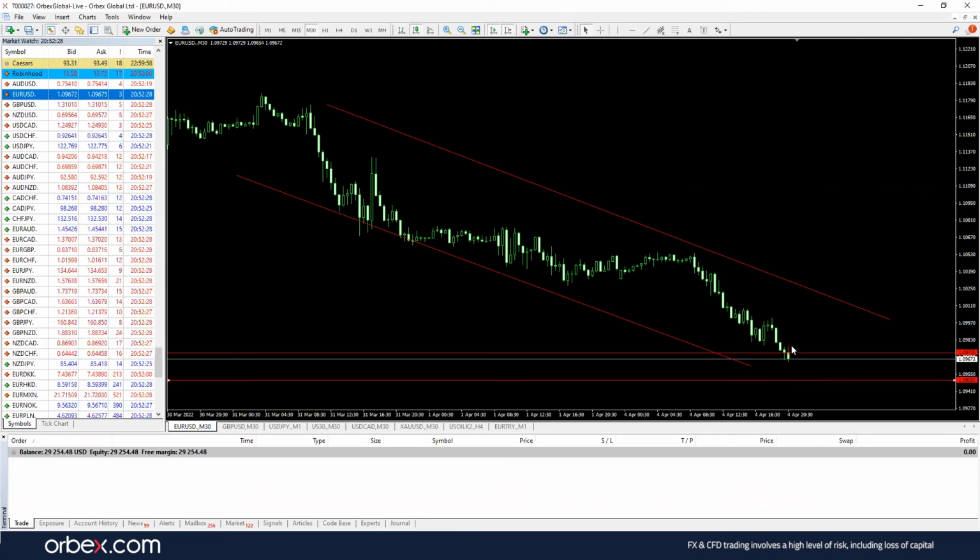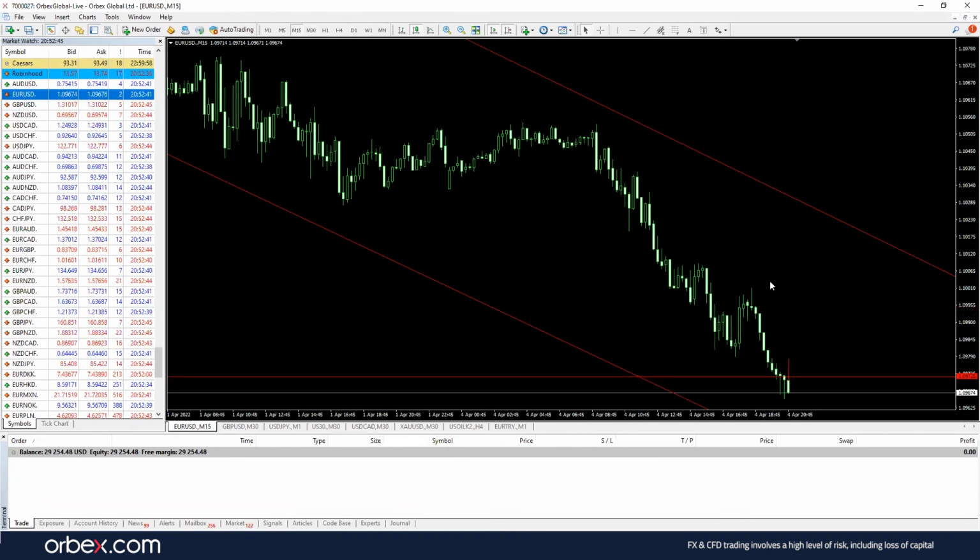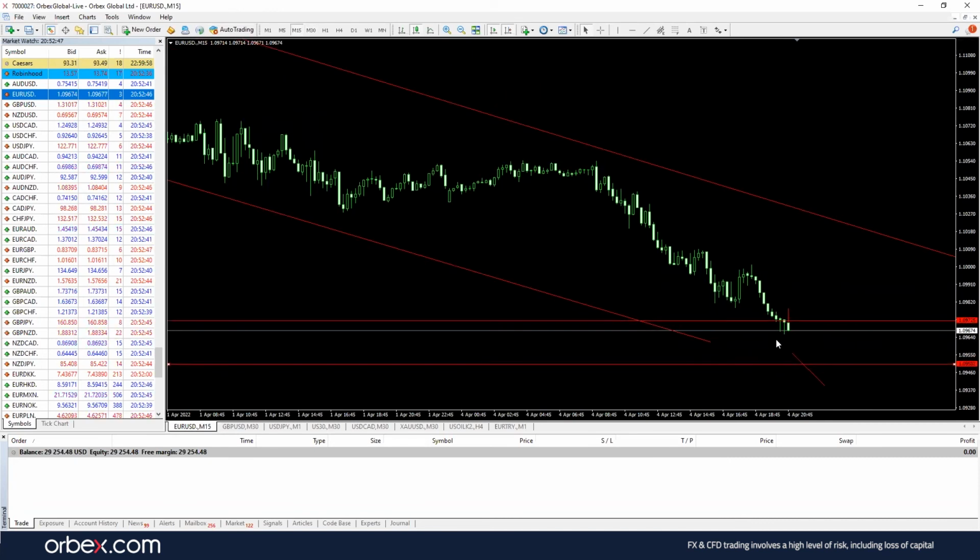And I believe that the market will hit 1.0950 and start moving lower. So that's when I'll put in a sell position, a sell stop. The order will be activated here and then start moving lower. So that's the whole point of stops. We're hoping that the market will hit a certain peak or trough and then start moving higher or lower.